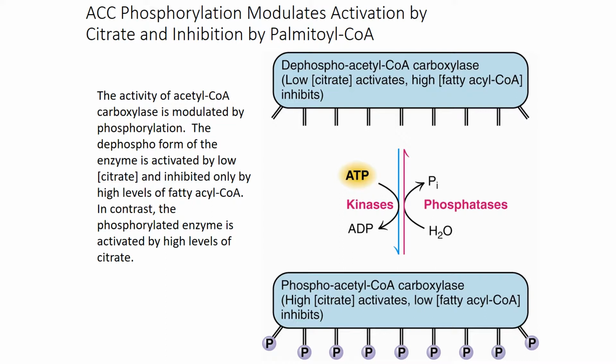Phosphorylation of the regulatory sites, as we see down here, decreases the affinity of the enzyme for citrate. So it requires very high concentrations of citrate to overcome the inhibition and reactivate this enzyme.